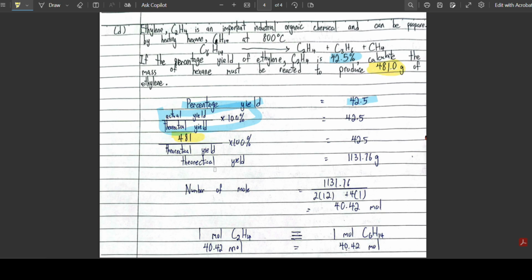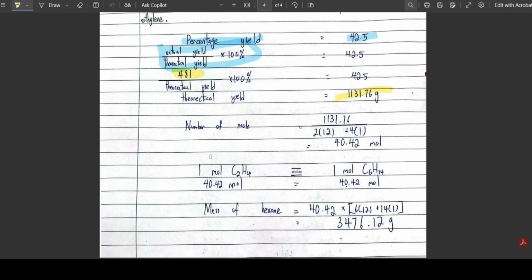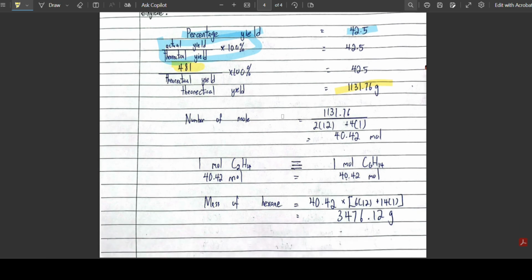After we substitute into it, we are getting the value for theoretical yield, 1131.76 gram.